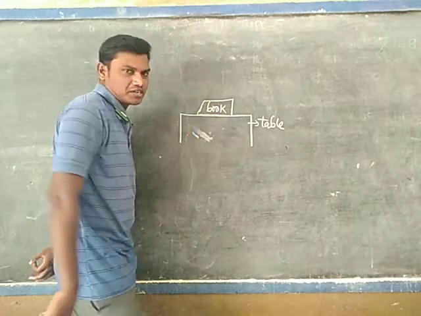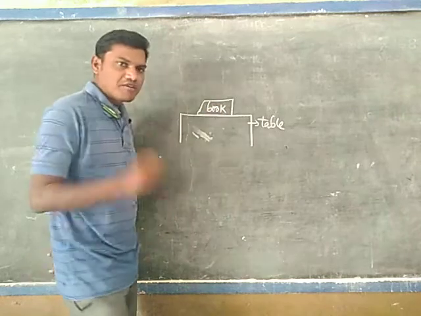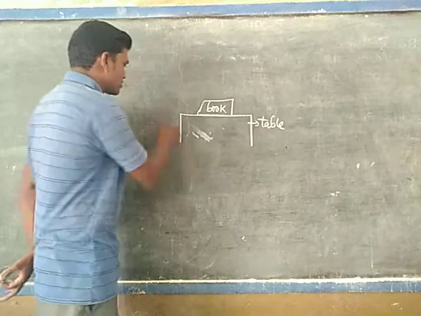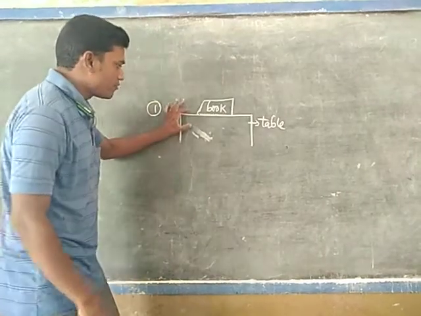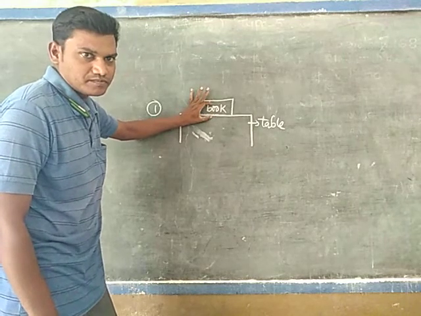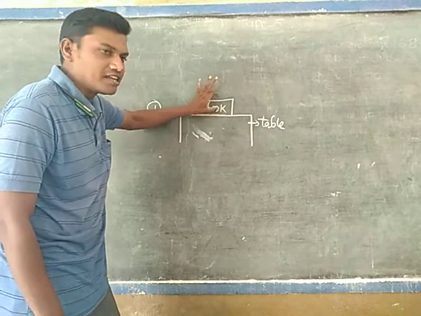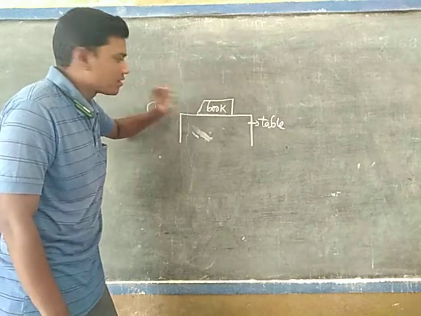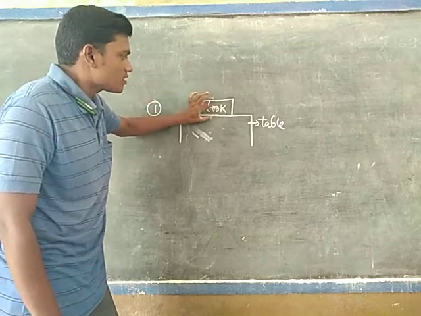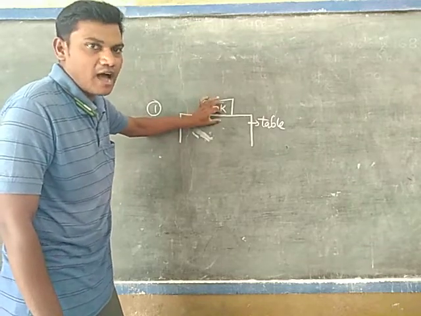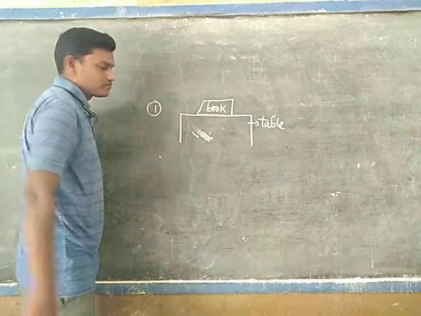During that condition, is frictional force acting on the book or not? That is the first question. When a book is placed on the table, initially it is at rest. During such a condition, is frictional force acting on the book, or is frictional force present or not? That is the first one.